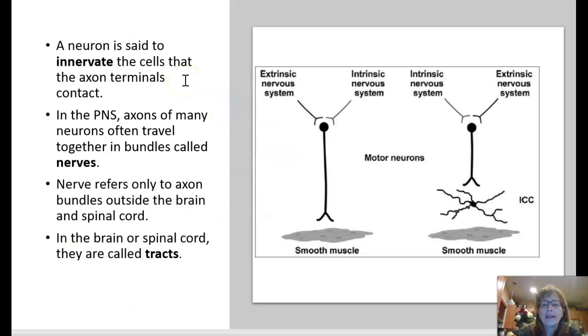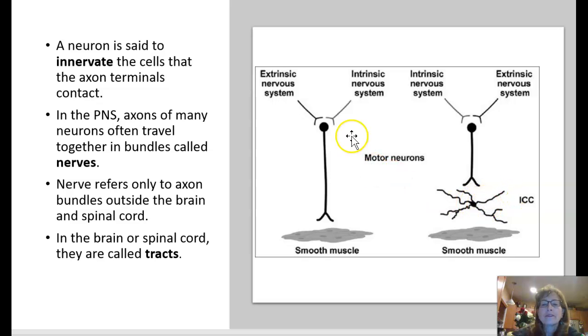When we say a neuron innervates, the term innervate has to do with which direction it's going and contacting. So in this case, when we look at the axon terminal, we see that this neuron, and we're looking at motor neurons now, is activating some smooth muscle. Could be some organ that you have. So it's innervating it. Over here, it's also innervating it, and in this case we have some other intermediate cell or neuron here.